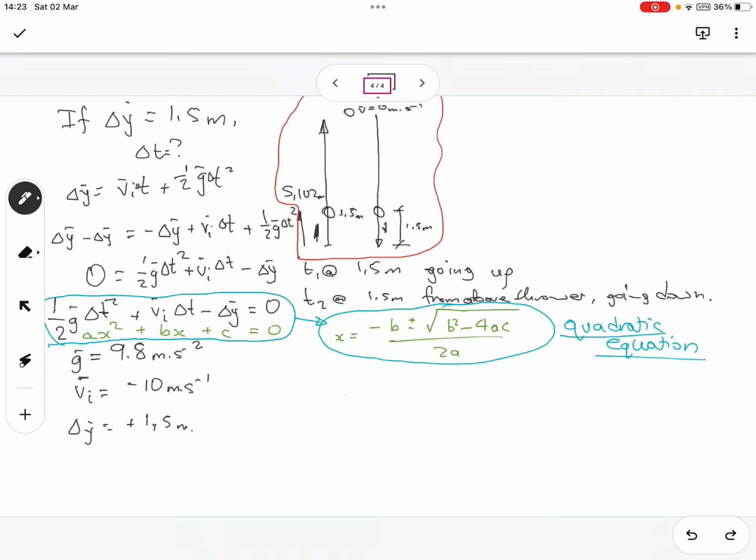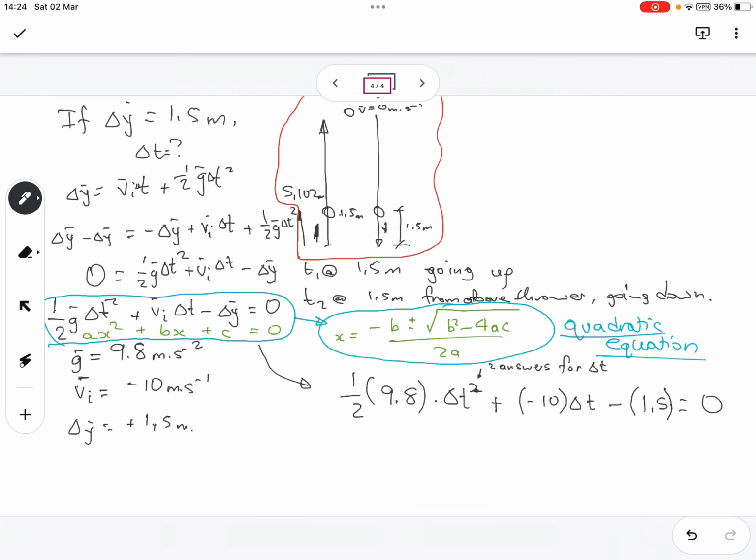They might not necessarily be rational either. But when we use this equation, we substitute as follows.